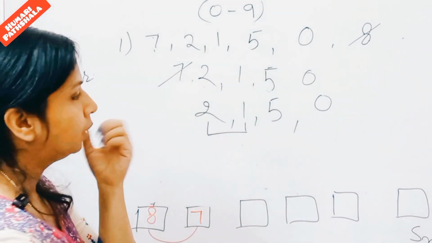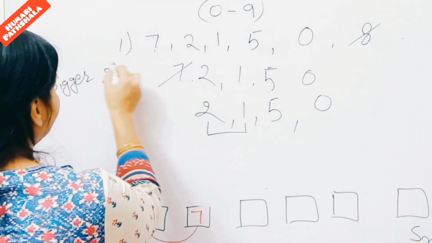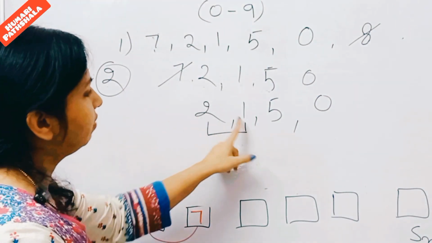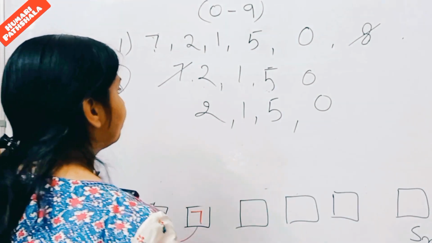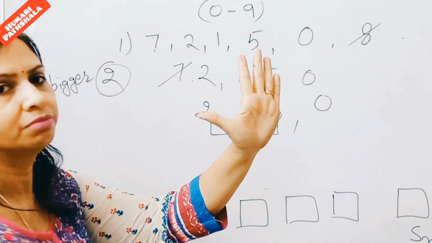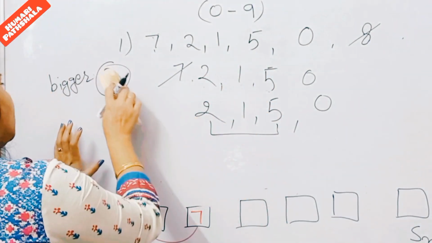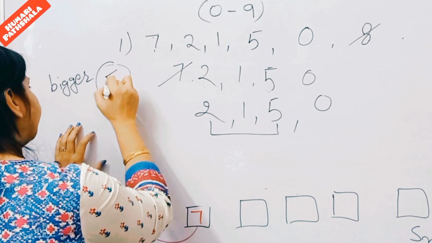Between 2 and 1, 2 is bigger. Now compare 2 with the next number, 5. Between 2 and 5, of course 5 is bigger, so we'll replace 2 by 5.